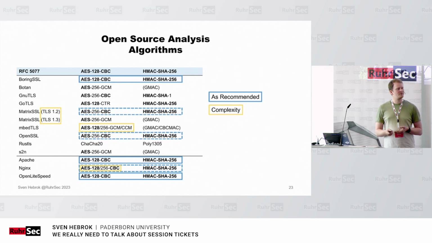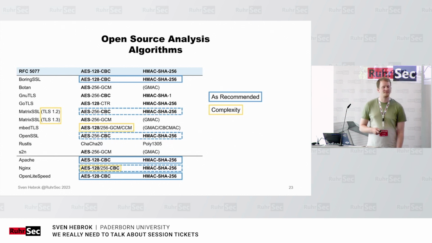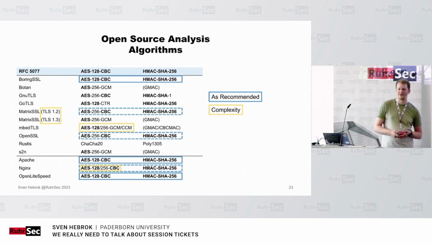We also see some complexity in there, so some libraries choose to support multiple algorithms, and MatrixSSL even uses different algorithms depending on the TLS version that is used. This isn't an issue per se, but complexity usually isn't your friend when it comes to security.